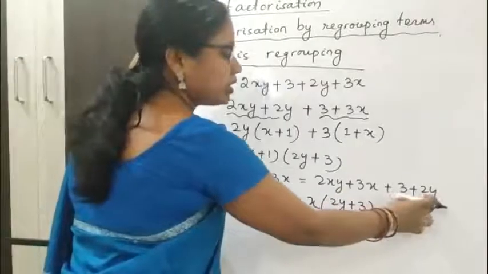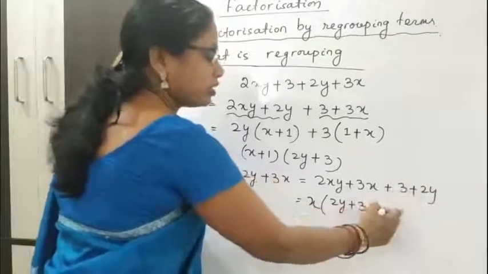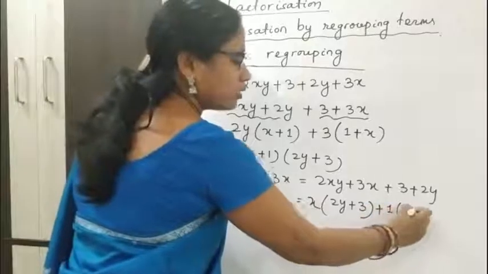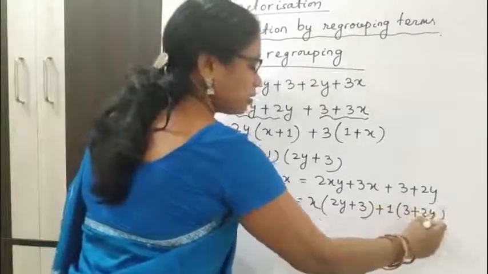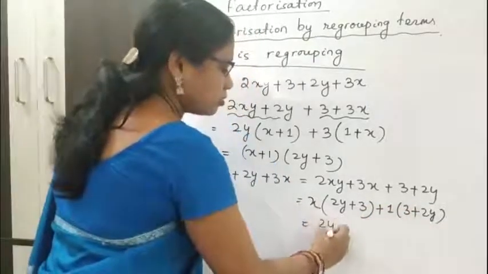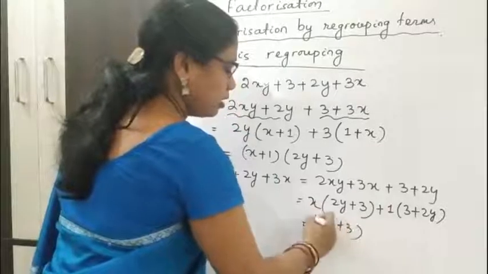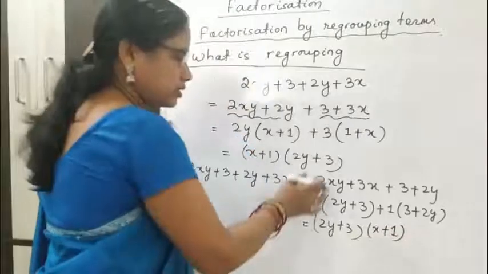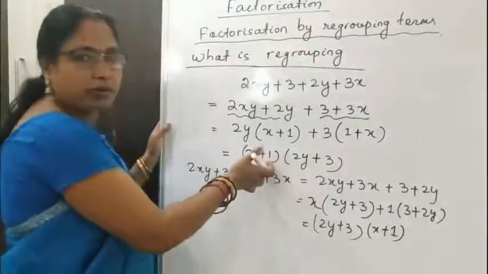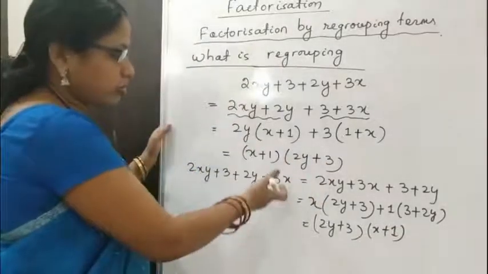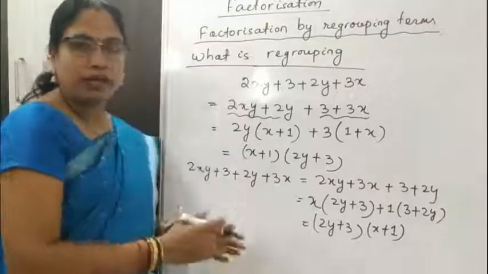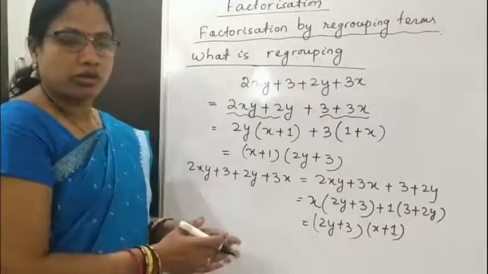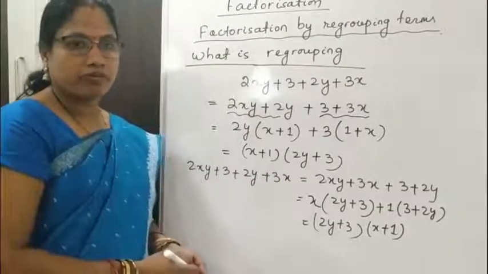Then in these two terms the common factor is 1, 1 into 3 plus 2y. So this is equal to 2y plus 3 whole into x plus 1. This factorization is the same as our previous factorization. So regrouping may be done in different ways, and the answer will be the same.